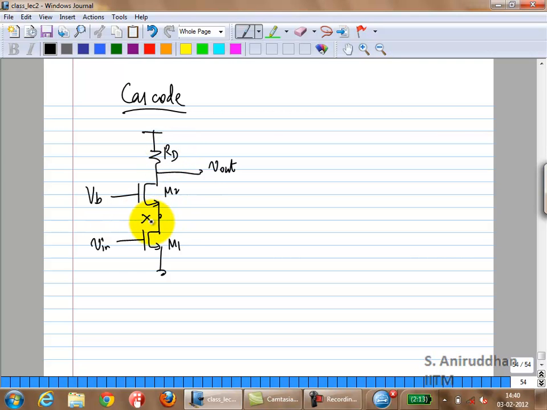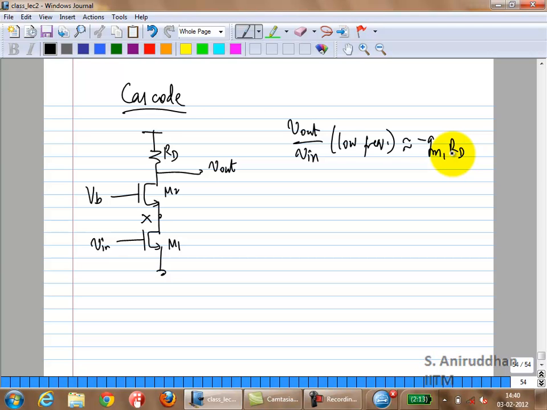I'm going to call this node X. What is Vout over Vin? Minus gm1 RD. So you know that, which is the same as your common source amplifier.